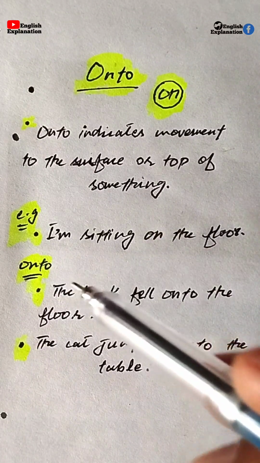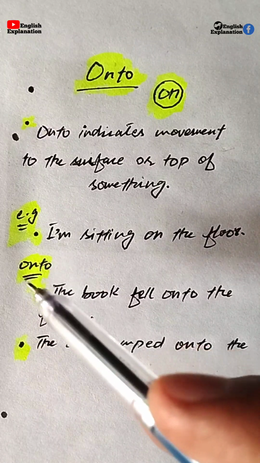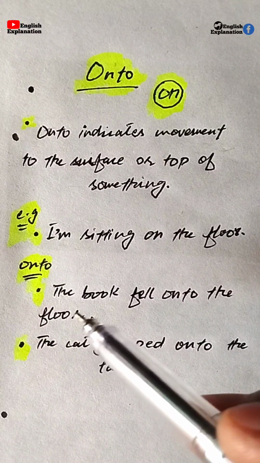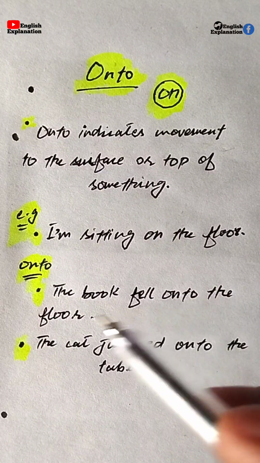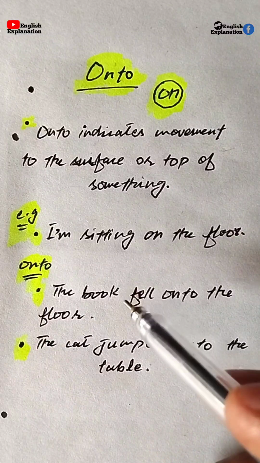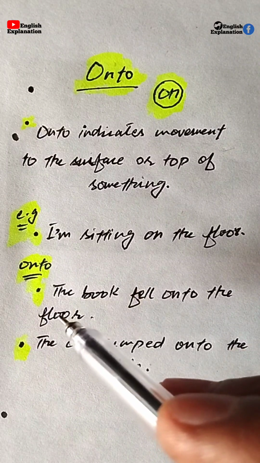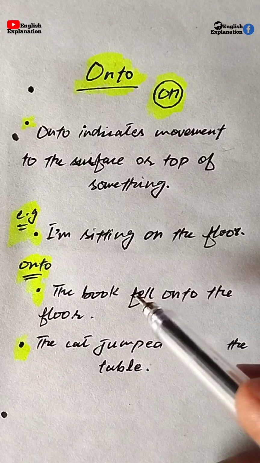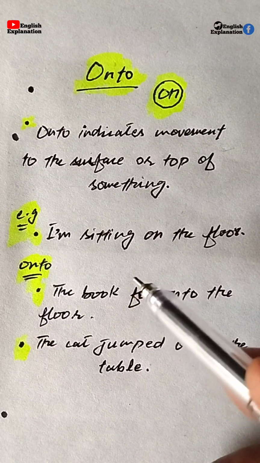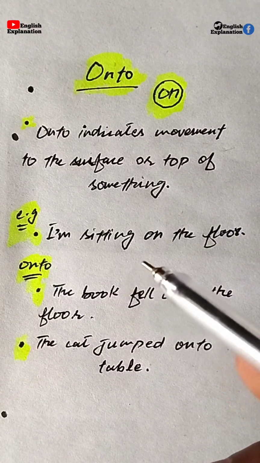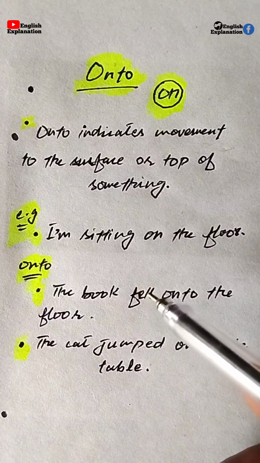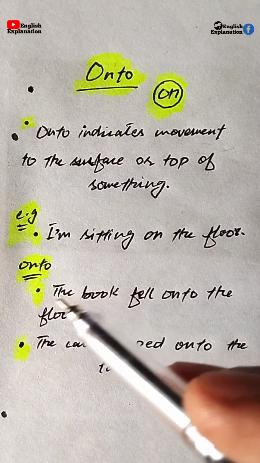But when we talk about preposition onto, here are some examples. The book fell onto the floor. Before, the book was in the hand of a boy or anyone, then it fell on the floor.